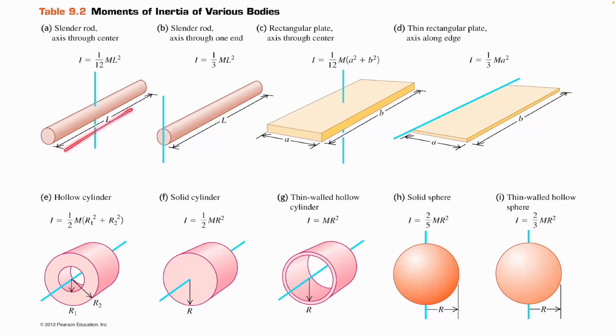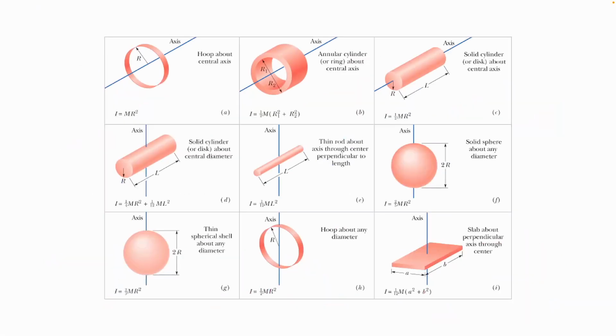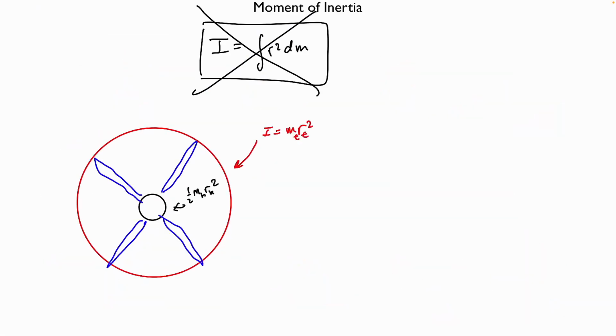No. Where's the spoke rotating? On its end, so it's 1/3 m l squared. This one is 1/3 m l squared. What's this one? Same thing. What's this one? Same thing.